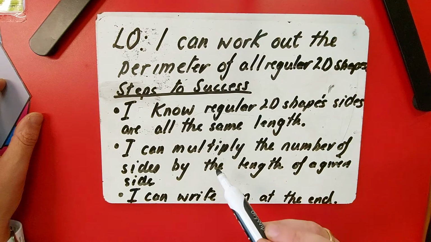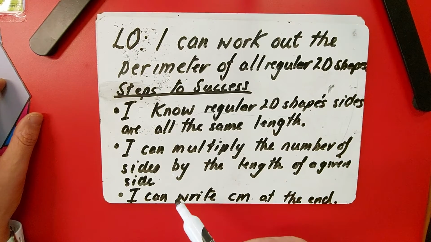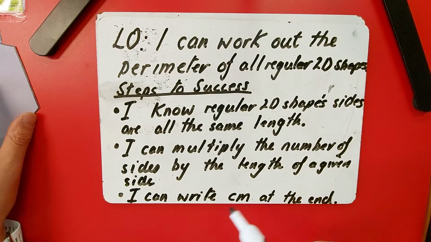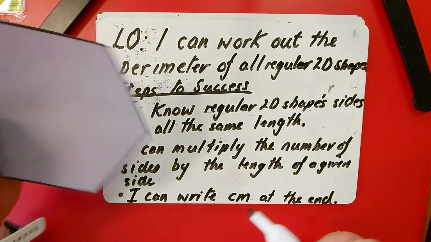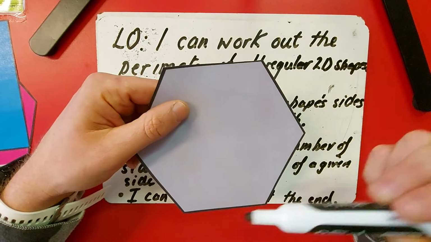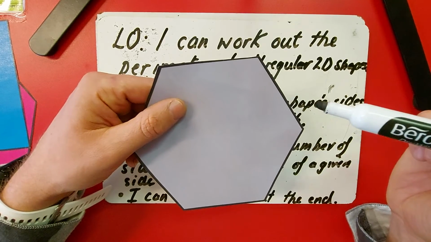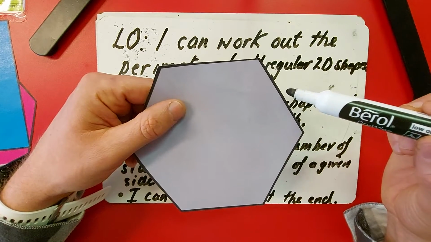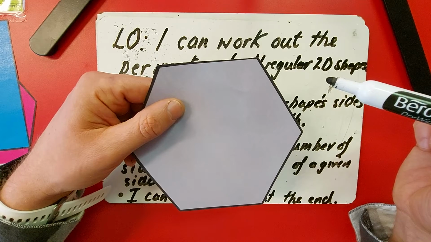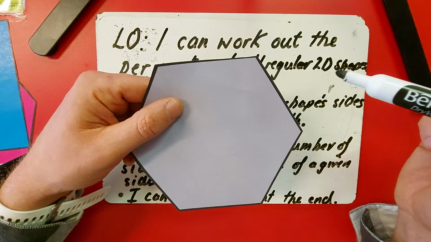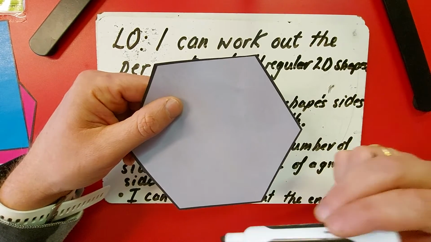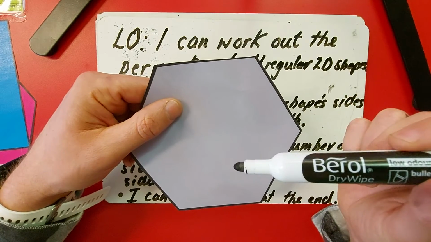Then you multiply, so you're timesing the number of sides by the length of a given side. So what I'm saying here is if this hexagon, which has 6 sides, had one side that was 4 centimeters, we would then know that the rest of its sides were 4 centimeters.